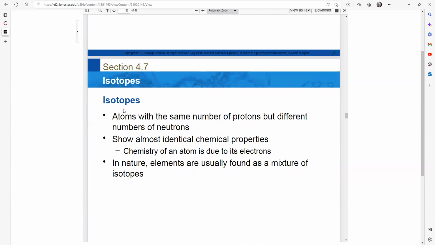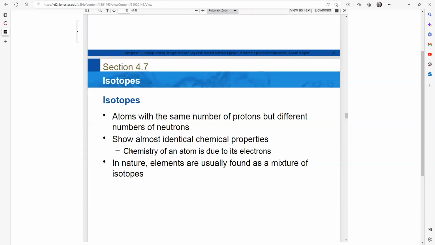Isotopes are atoms with the same number of protons but different number of neutrons. Remember that: same number of protons but different number of neutrons. They show almost identical chemical properties, okay?